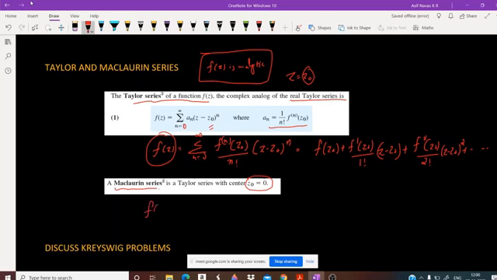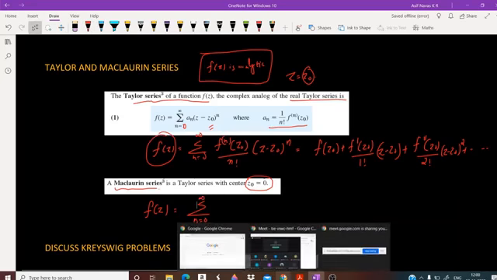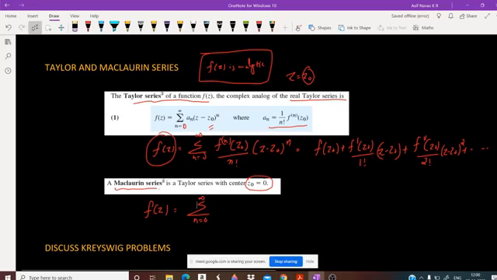So f of z is equal to sigma n equal to 0 to infinity f nth derivative at, instead of z naught we have 0, by n factorial into z minus 0 whole power n, that is z power n.